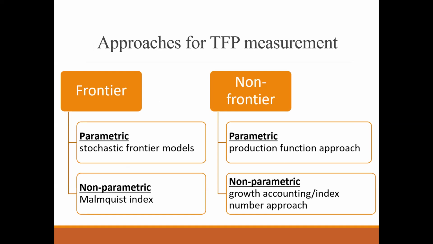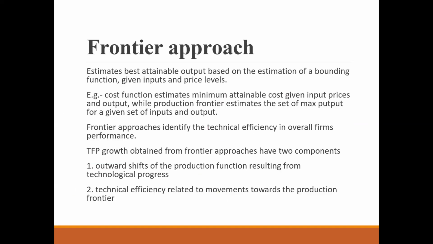The frontier approach estimates the best attainable output based on the estimation of a boundary function, which can also be called the production frontier, given the input and price levels. A cost function estimates the minimum attainable cost given the input prices and output, while the production frontier estimates the set of maximum output for a given level of input.